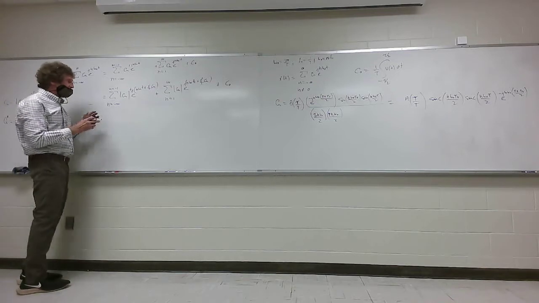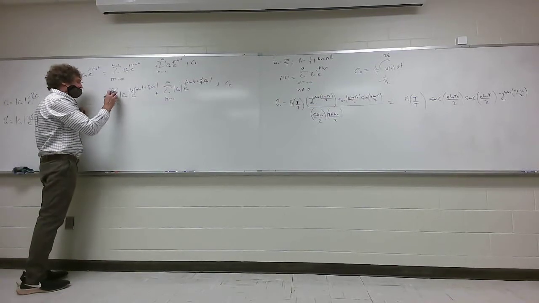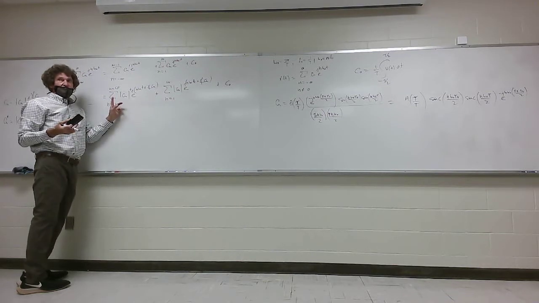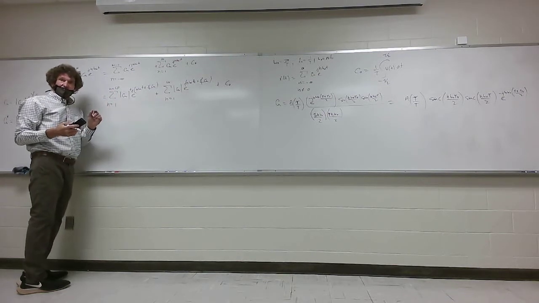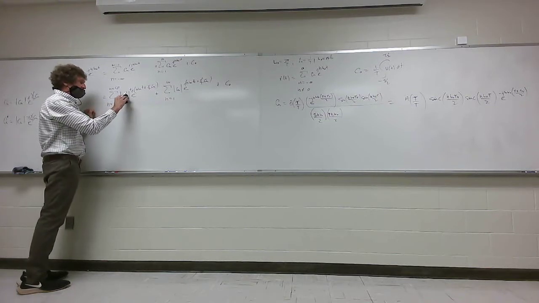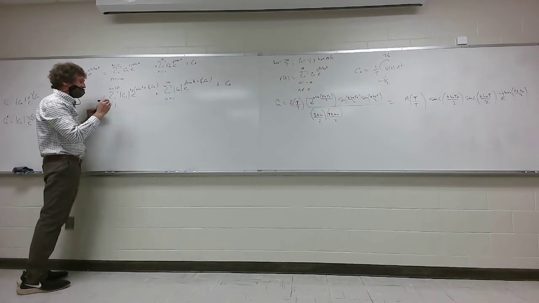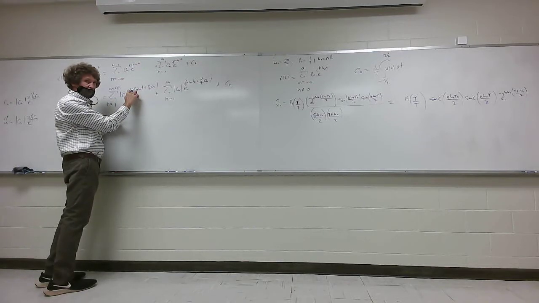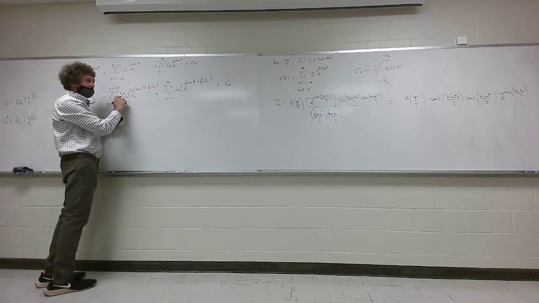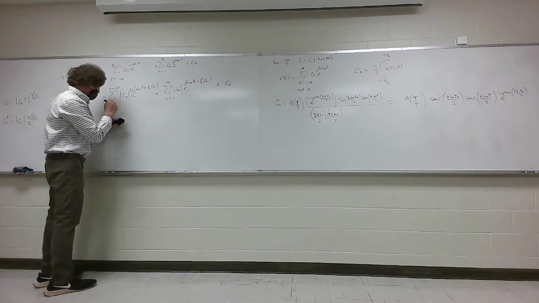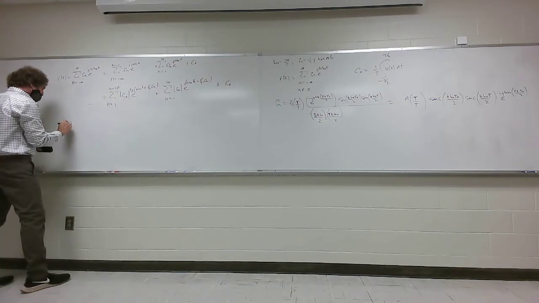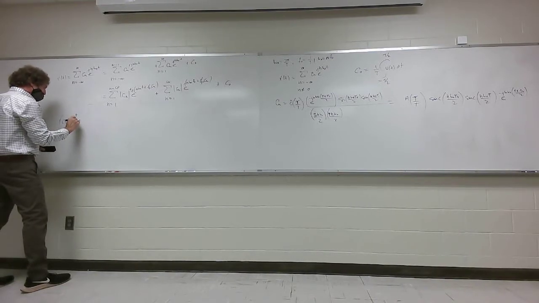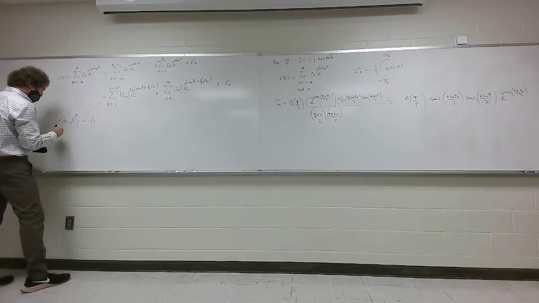What if we make it positive? Then anywhere there's an n, you have to put a minus n. Now remember what I said about conjugation: the conjugate of a plus jb is simply a minus jb, and the same goes for the phase angle.